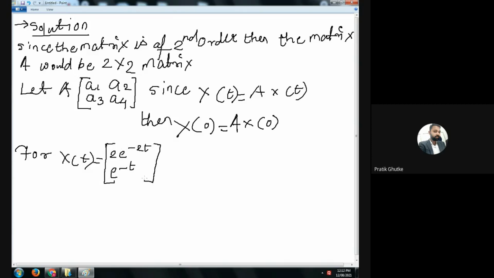So I can calculate its first derivative. Can I calculate x dot of t from x of t? Yes, I have to take the derivative of this. So x dot of t, that is the first derivative. What is the derivative of 2e raised to minus 2t?